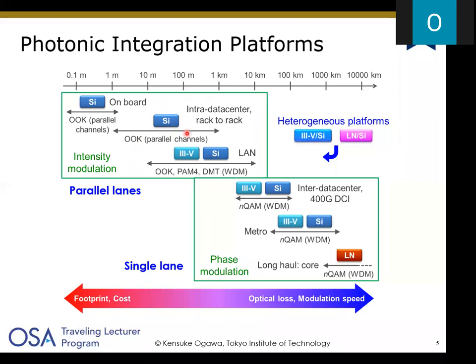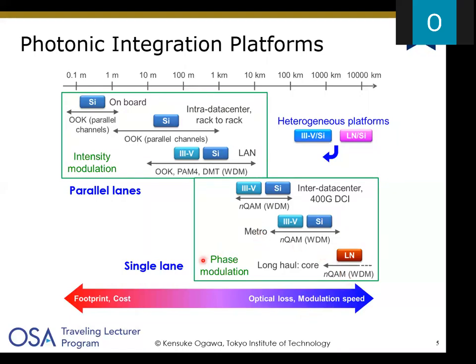If you go beyond this reach, the III-V technology is also preferred because it is more mature and more suitable to high-speed communications. And in a longer reach, the metrics are optical loss and modulation speed, to maintain high-quality signal transmission over a longer distance. In the longest reach, lithium niobate is still the most important material for high-quality optical modulation.